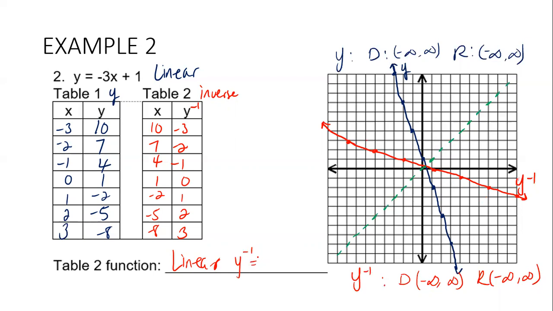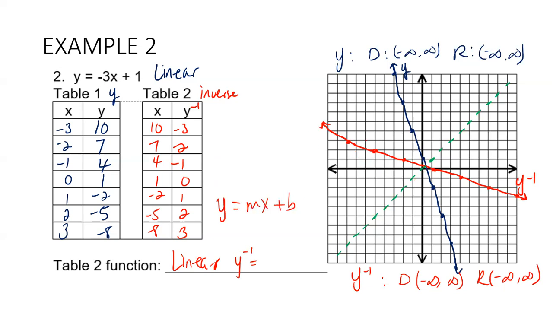What is our inverse equation? We know it's linear. What is the equation? What do you need to have for an equation? We need what for linear? y equals mx plus b. So in this format of y equals mx plus b, we need an m and a b.